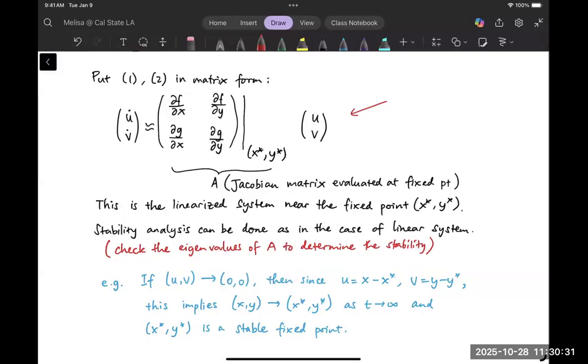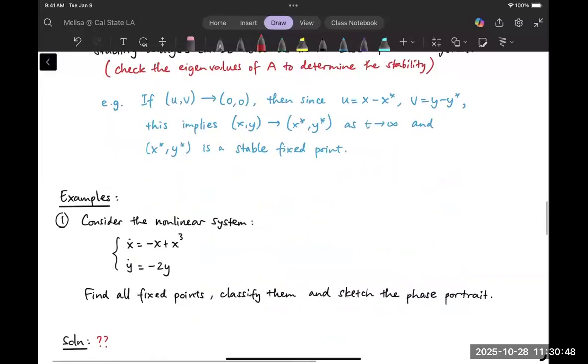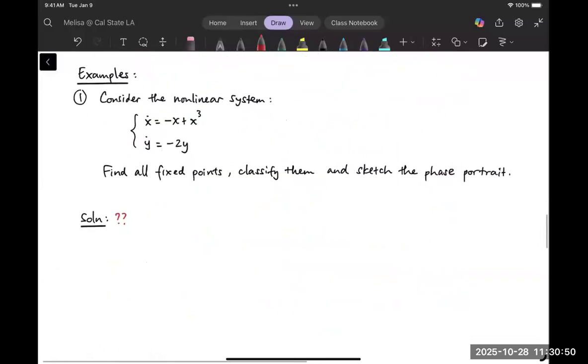All right, any questions here before we look at examples? Oh, no questions? All right, let's look at the first example here.